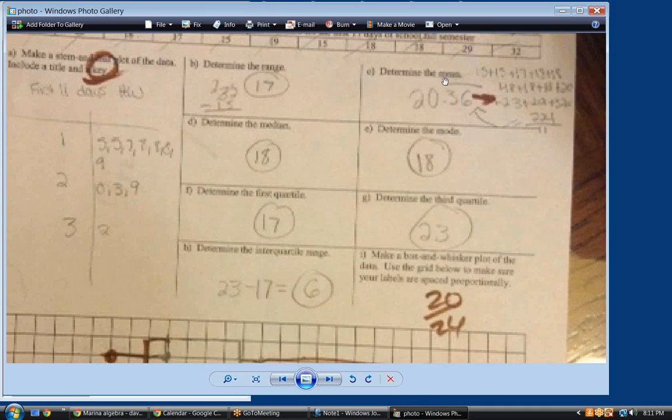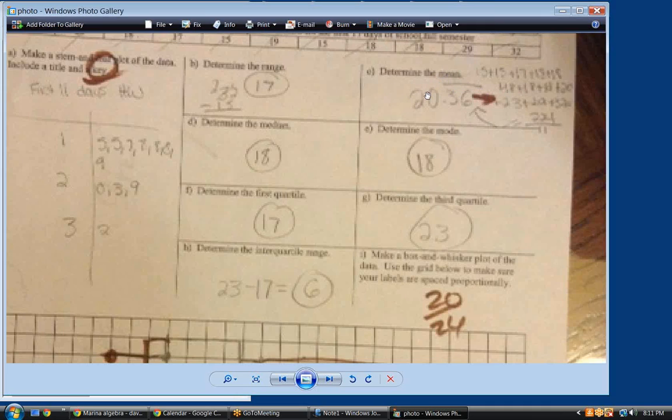What does this say? Determine the, what does E say? Determine the mean? This one right here, Marina, where my cursor is, is that the mean? I can't read it. It says determine the mean.